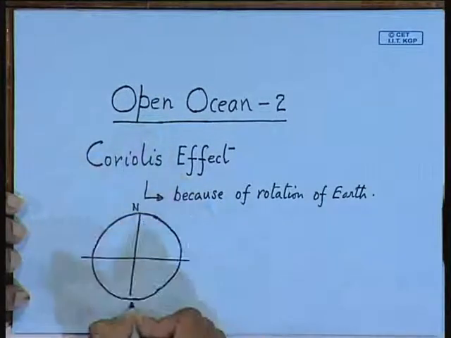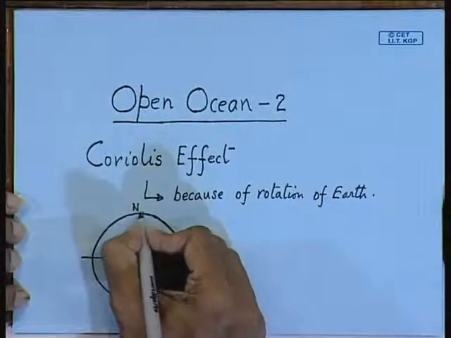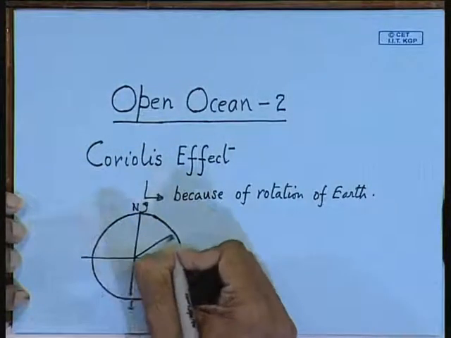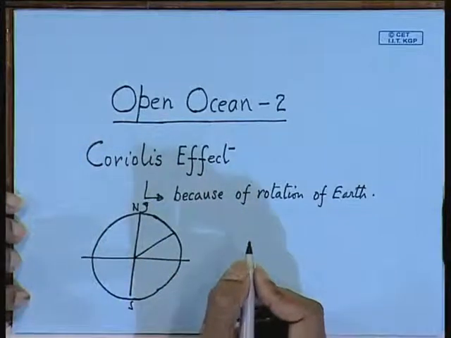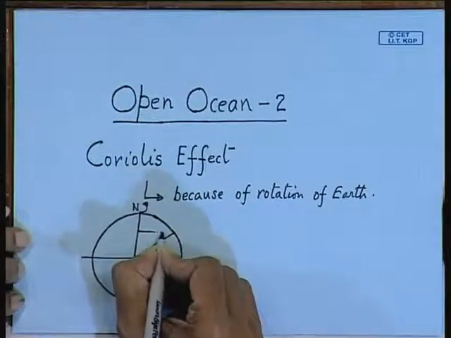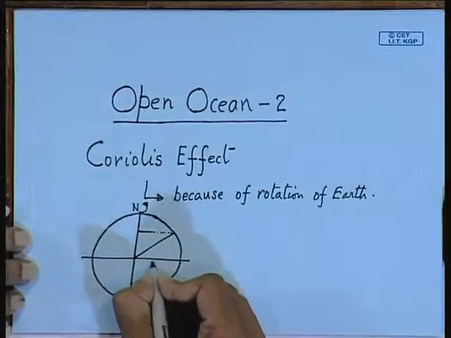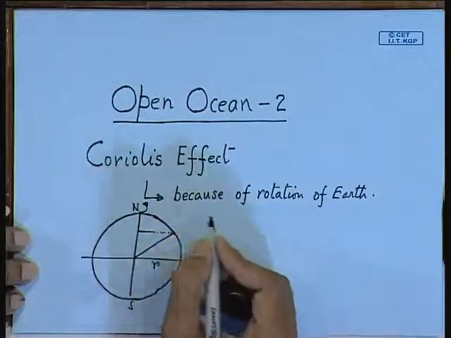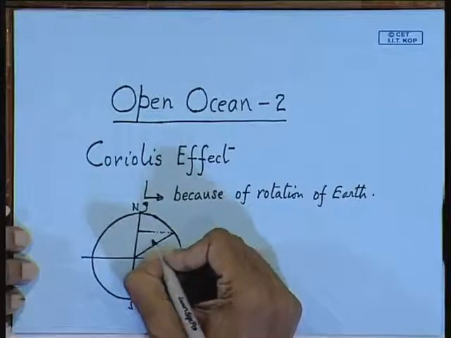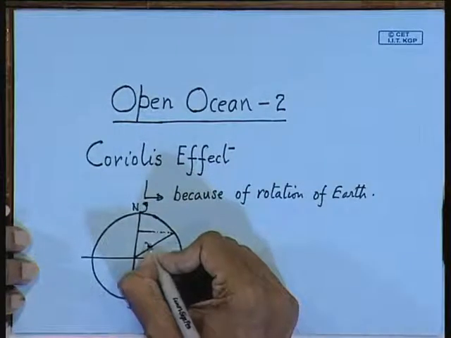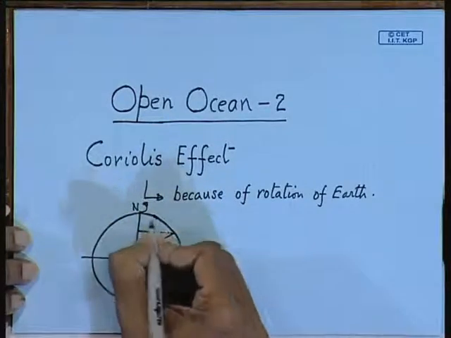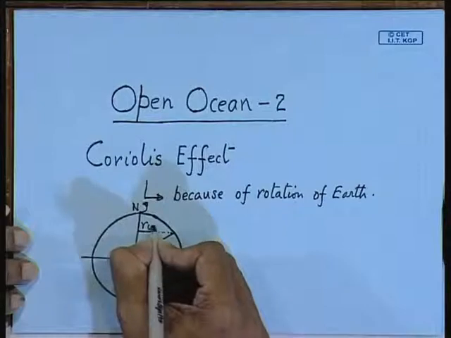Say this is your north pole, south pole. So, this is your spin. Now, because of this spin, you will find that you are having two radii. Say theta is this angle. Say how much is this distance? So, this is r cos theta.